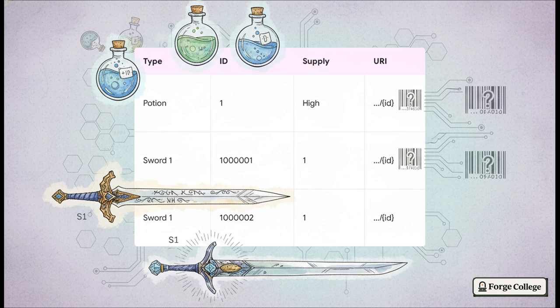Each sword has a strict supply of exactly one. And the best part, they all use the exact same ID barcode system we just discussed. It's literally one smart contract seamlessly handling bulk health potions and legendary serialized swords. The whole shebang. It saves an incredible amount of gas and deployment headache.